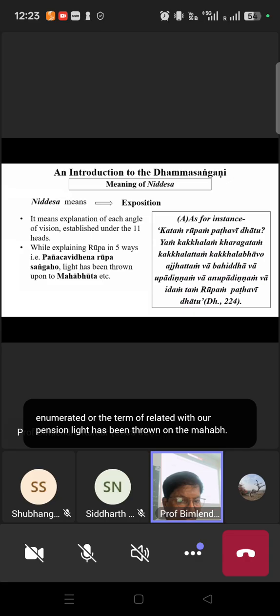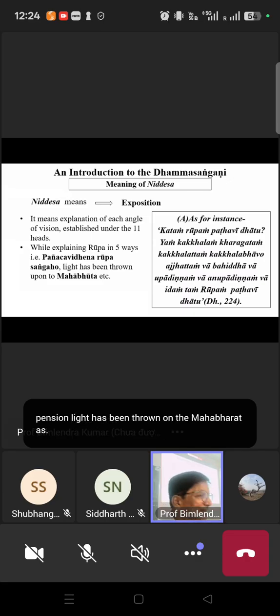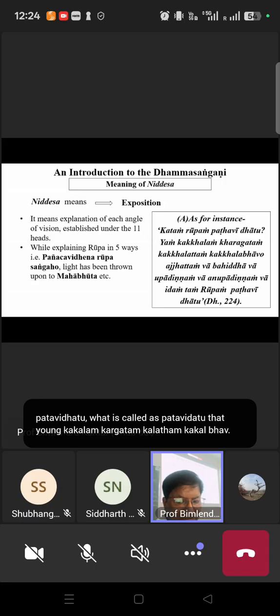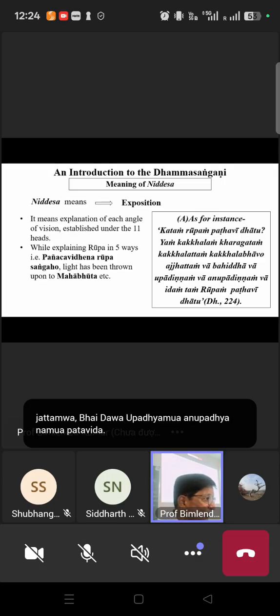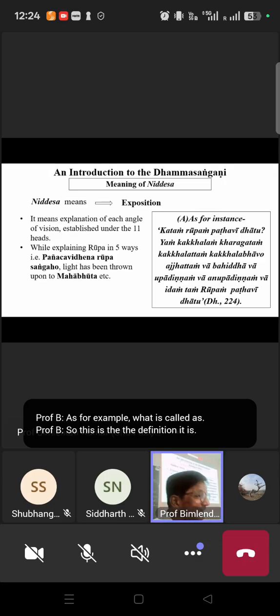As for example, Katmam Rupam Patvi Dhatu. What is called as Patvi Dhatu? Yam Kakhalam Kakhargatam Kakhalatam Kakhal Bhavo Ajhatam Va Bahidda Va Upadinam Va Anupadinnam Va Idam Tam Rupam Patvi Dhatu. So this is the definition. It is by the way of Nirdesana.